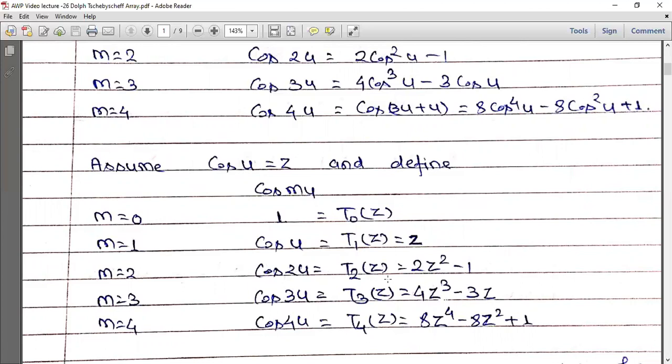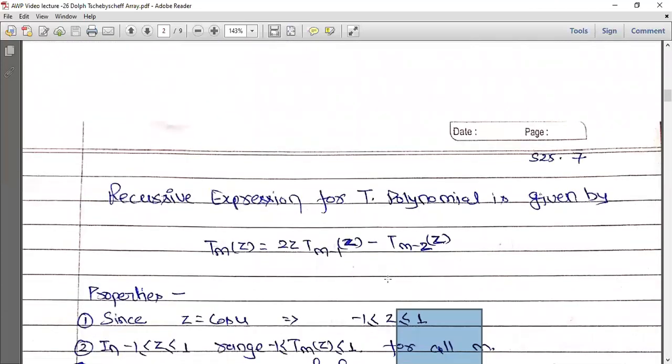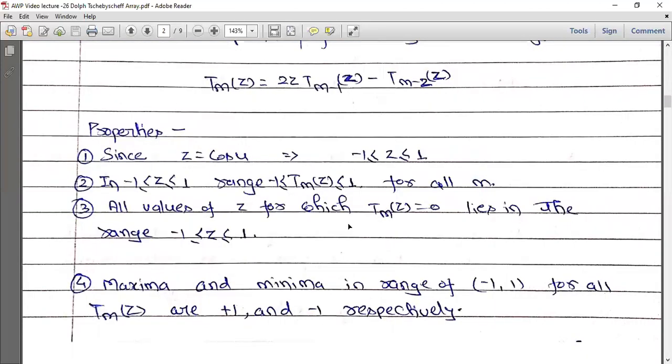So z lies between -1 and 1, and when you vary z between -1 and 1, the results will also lie between -1 and 1. So the Chebyshev polynomials will also have magnitude between -1 and 1. That's the second property, and this property is very important from our point of view.